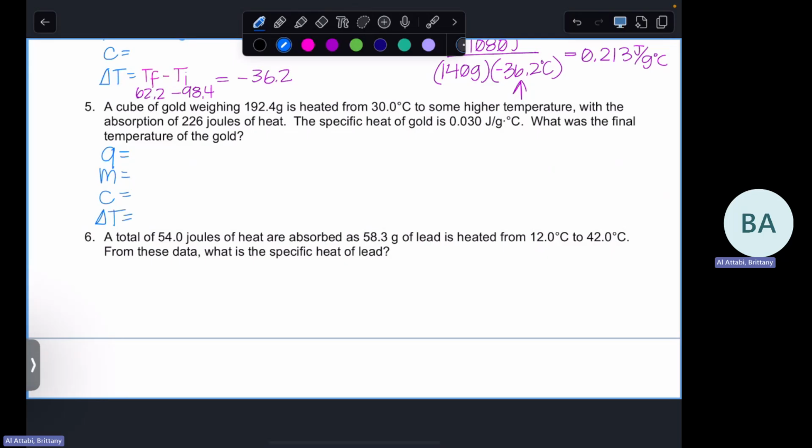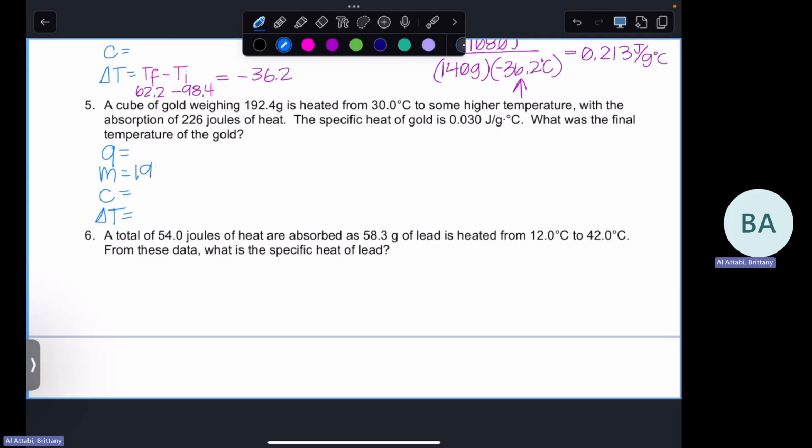All right, what pieces am I given? Shania, what's one thing that I know from the word problem number 5? I know my M, which is, correct. All right, Layla, what's one other thing that I know from the word problem in question number 5?